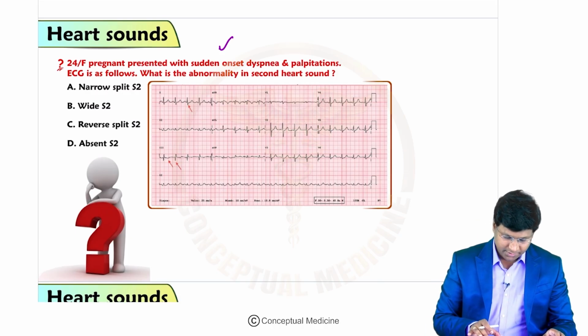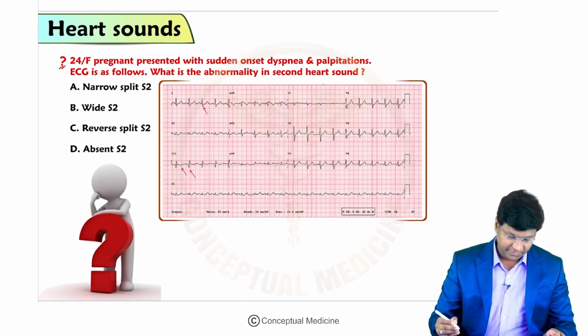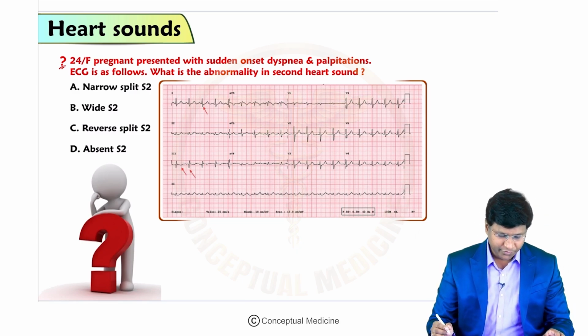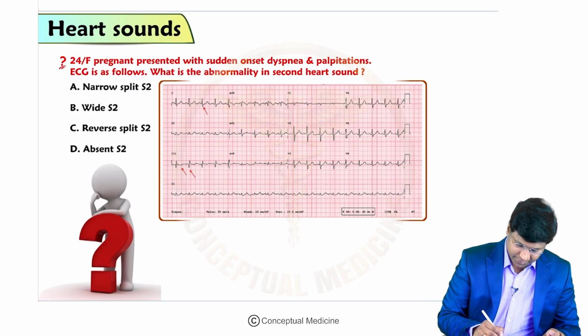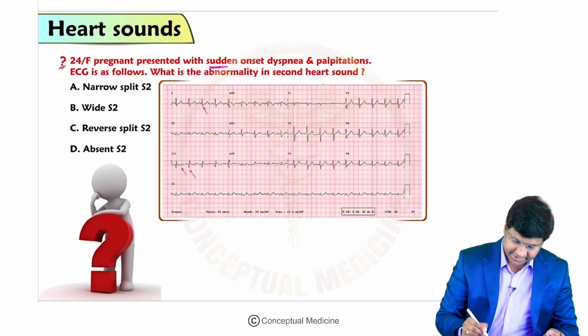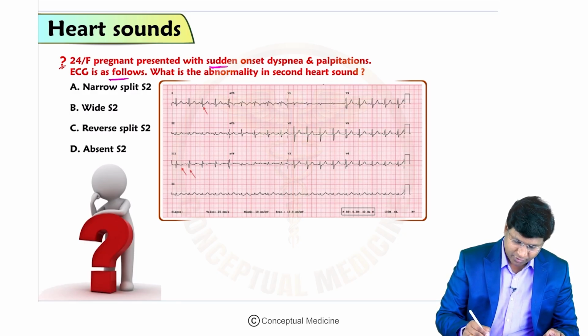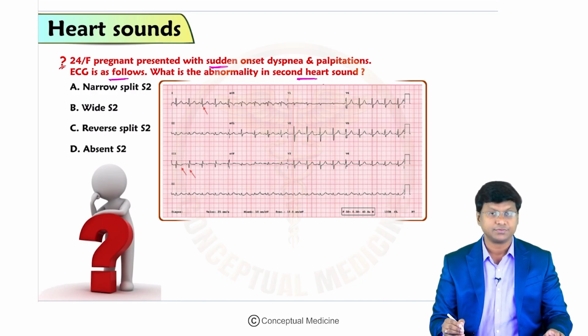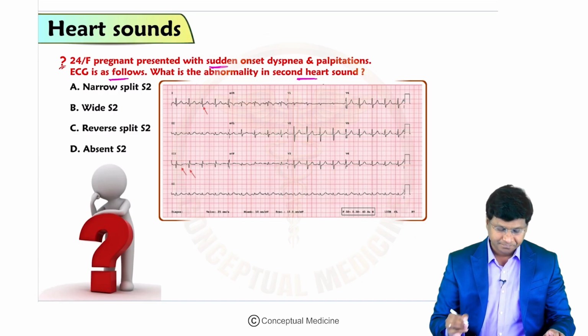So, if you see the next important question here, that is a 24-year-old pregnant female presented with sudden onset dyspnea and palpitations, and ECG is as follows.